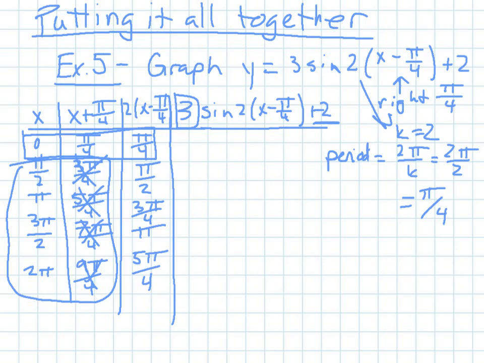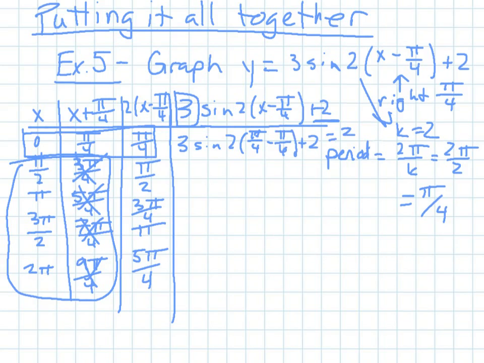So pi over 4 minus pi over 4 gets me 0. 0 times 2 is 0. Sine of 0 gets me 0. 0 times 3 is 0, and 0 plus 2 is 2. So 3 sine of 2 times pi over 4 minus pi over 4 plus 2 equals 2.